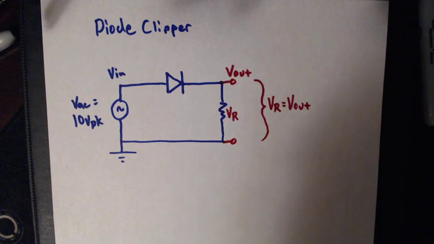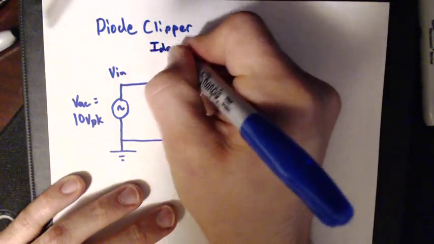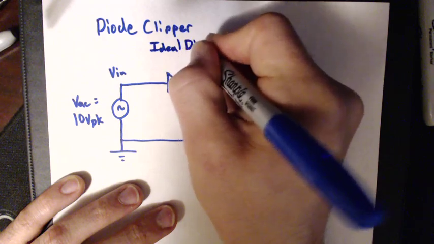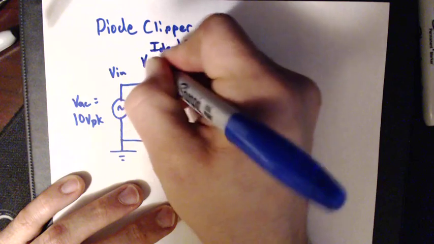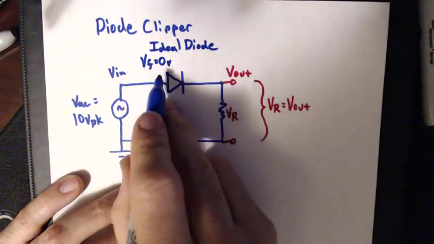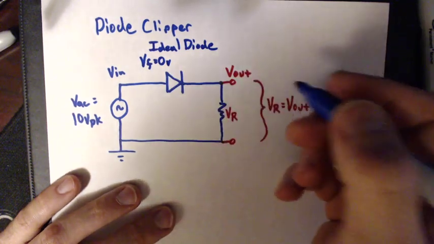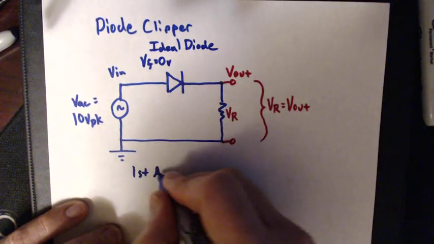And we're going to go ahead and say that this is an ideal diode, meaning it has a V sub F equal to 0 volts from our last lecture, and we're just going to use the first approximation.